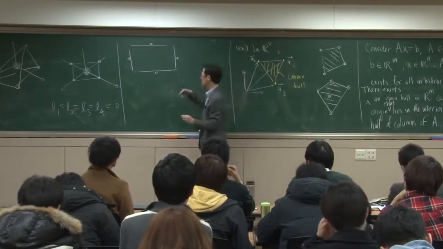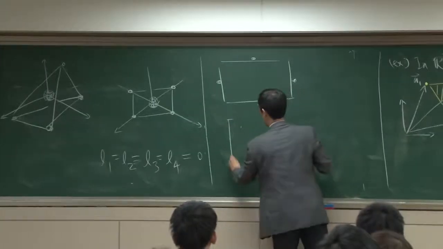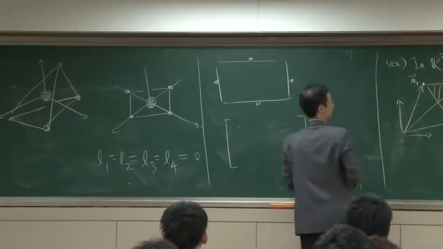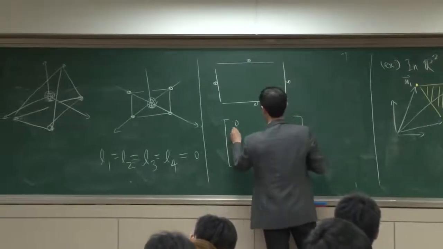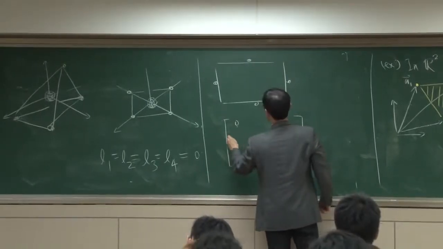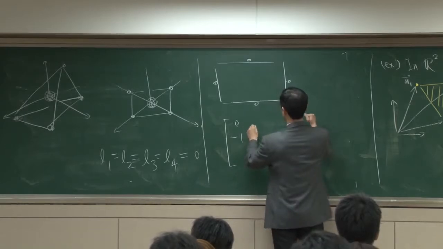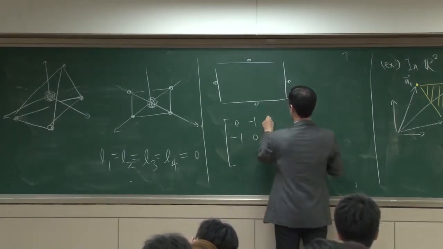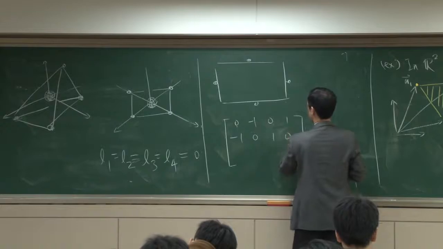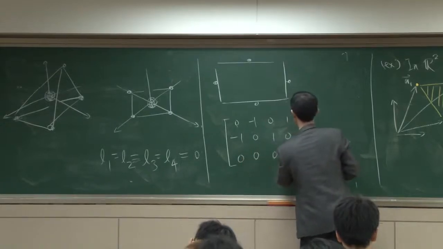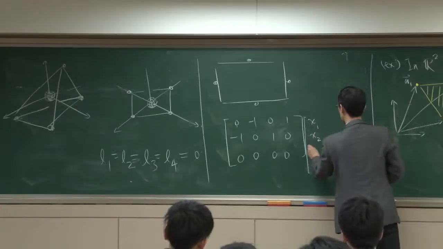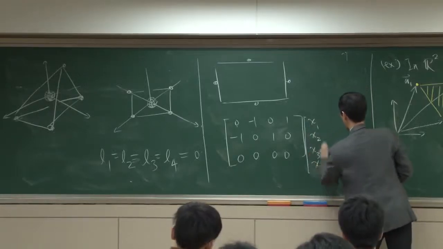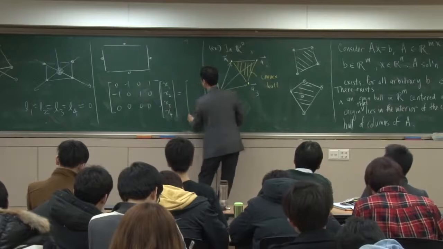Well, if we look at the equations, Ax equals b again, what we have are, now if I can remember, 0, minus 1, minus 1, 0, 0, 1, 1, 0. I believe it's going to look like that, x1, x2, x3, x4. And over here we have b1, b2, b3.